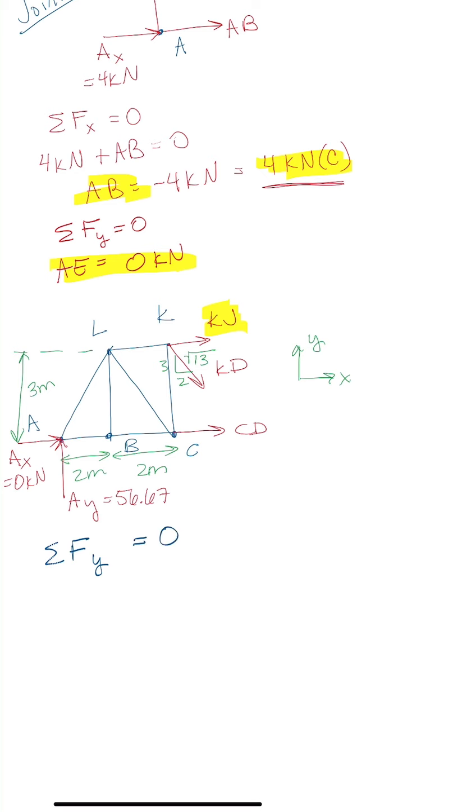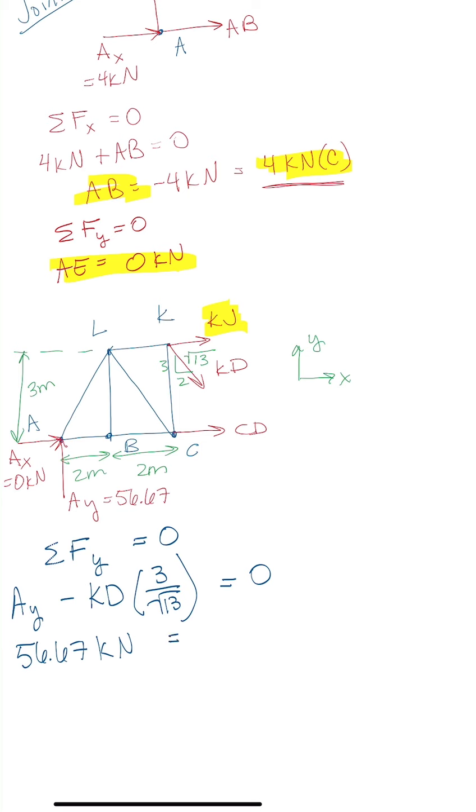So sum of the forces in the y direction, we get AY minus that y component of KD. That equals 0, and AY was 56.67 kilonewtons. That equals KD times the square root of 13 over 3. So I'm just moving stuff over. So KD equals 56.67.